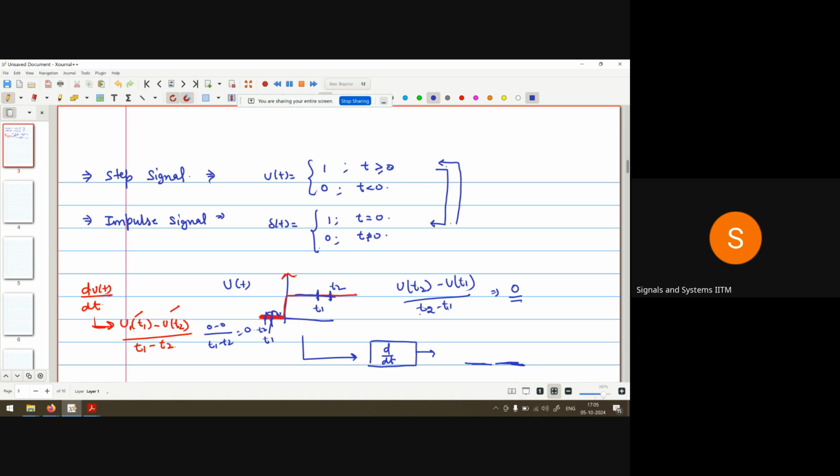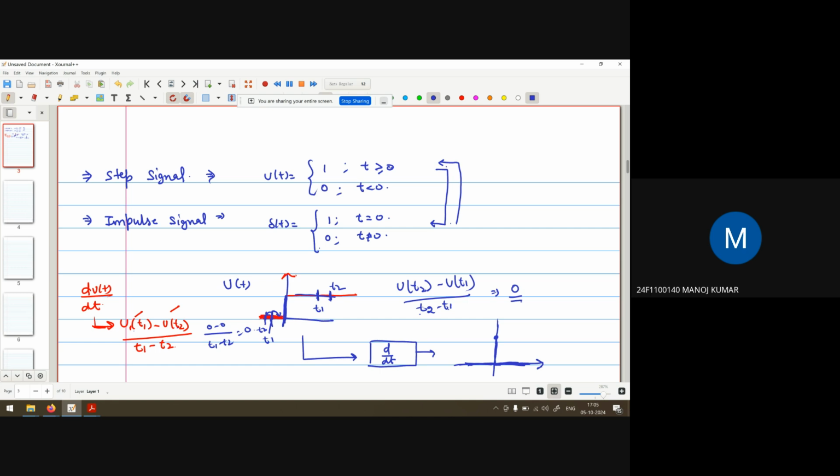We only get a value where the change occurs, and the change is at this point. So it will go high and again it will go to 0. And this signal is what?